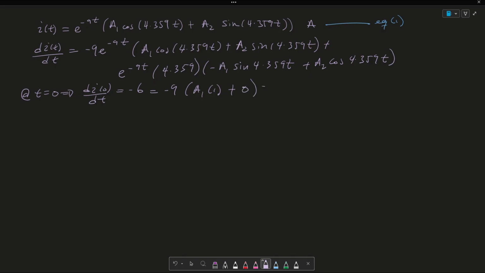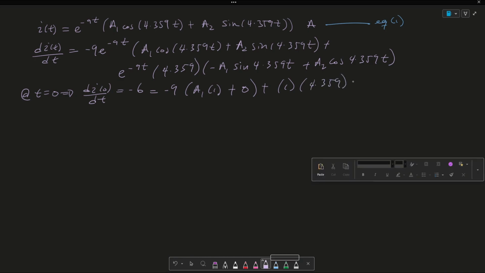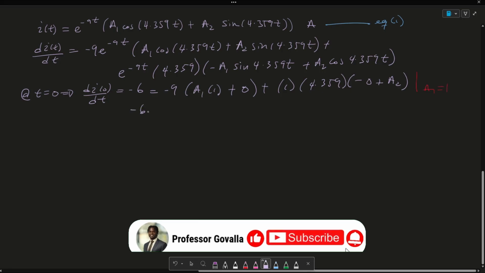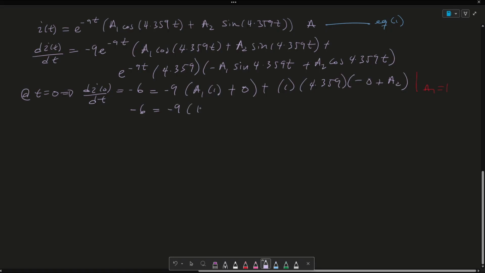So this is 0 plus, again, e to the minus 9 times 0 is 1, so 1 times, I leave my 4.359 alone, times minus 0, because this is sine of 0, plus A2. We know that we can plug in A1 equals 1. So then we're left with minus 6 is equated to minus 9 times 1, because A1 equals 1, plus 4.359 times A2.